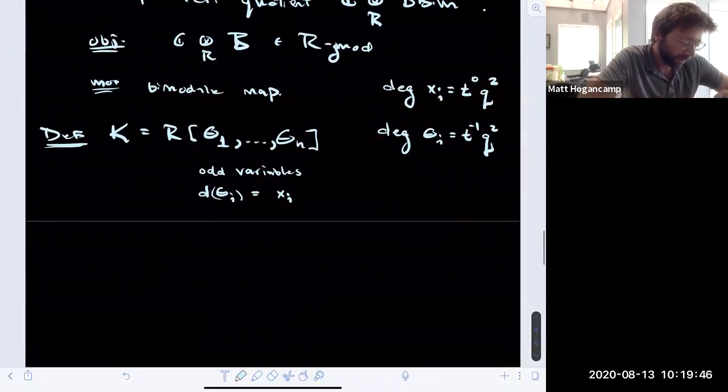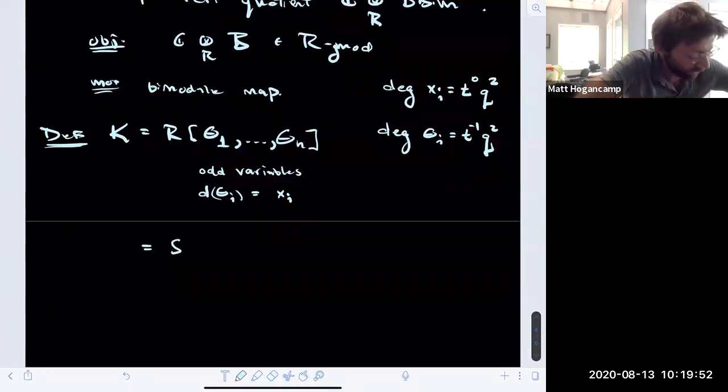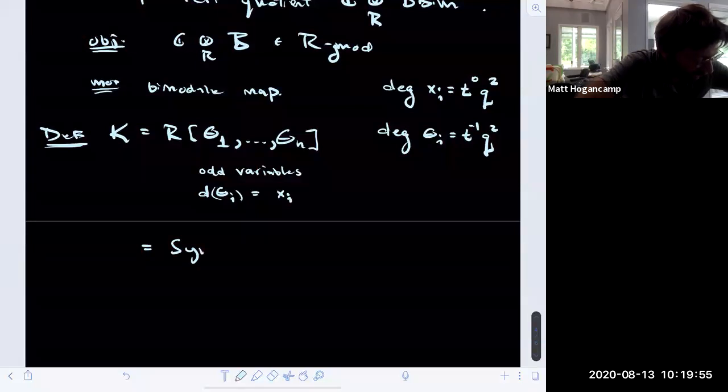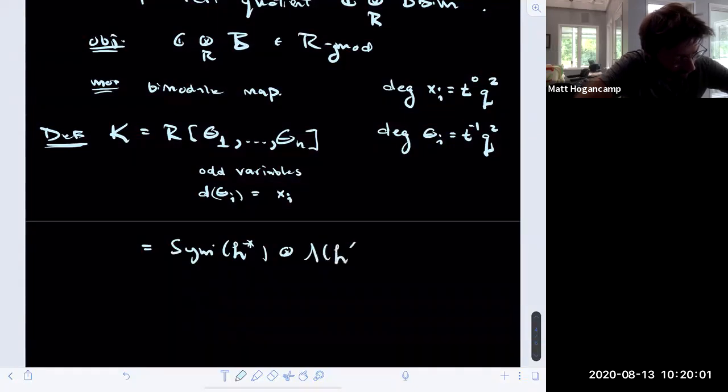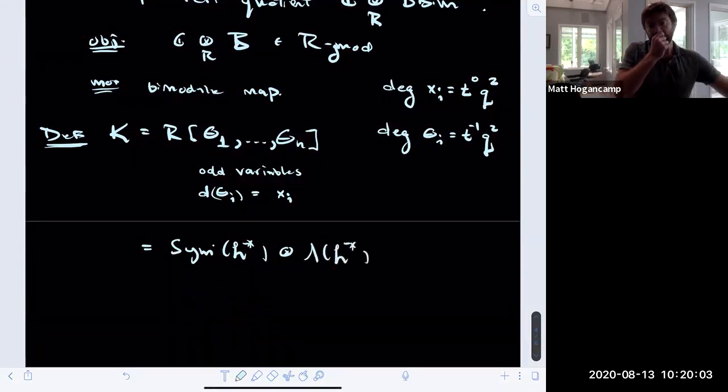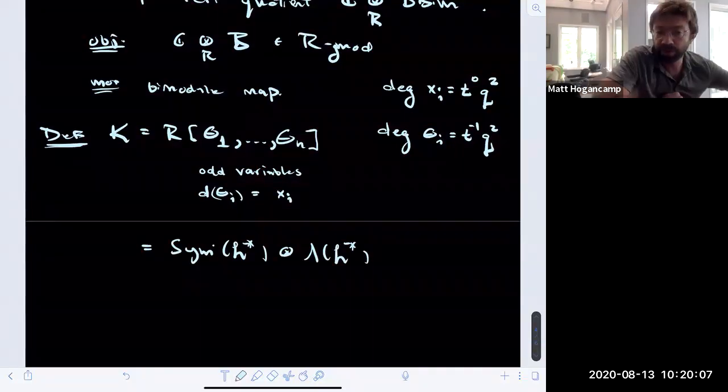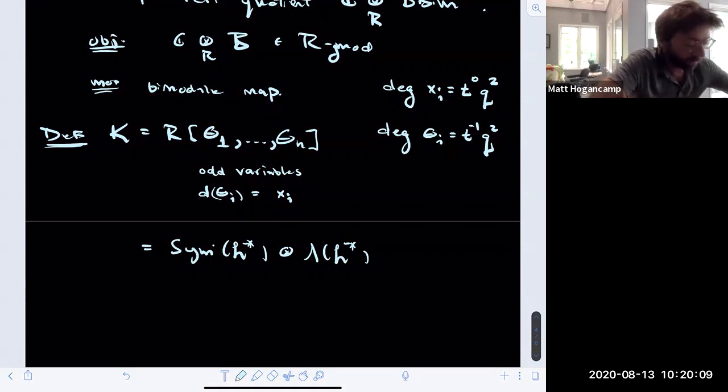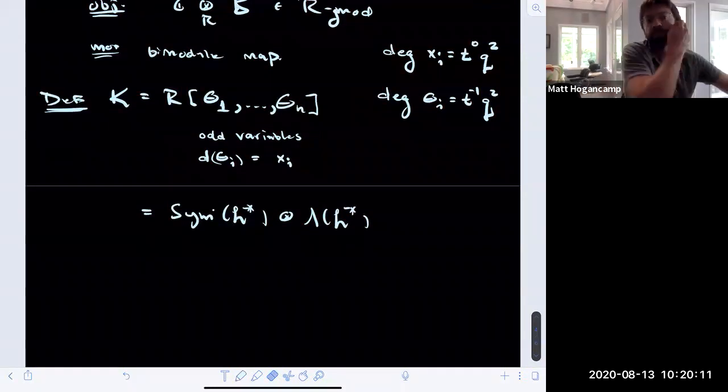Okay. If you like everything to be written in a basis independent way, then you could write this as the symmetric algebra of H dual tensored with the exterior algebra of H dual, with the appropriate gradings inserted. But I much prefer to have bases around and explicit formulas like this.